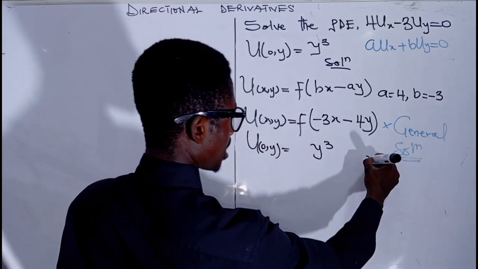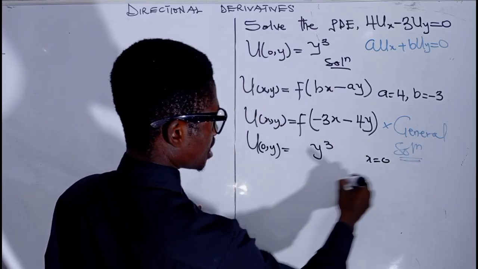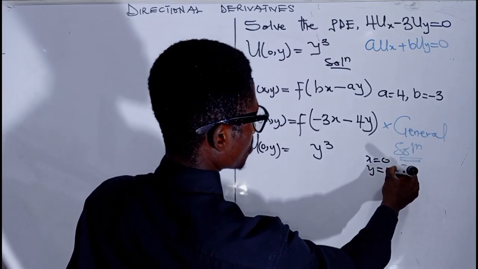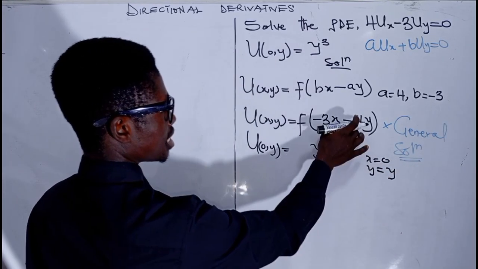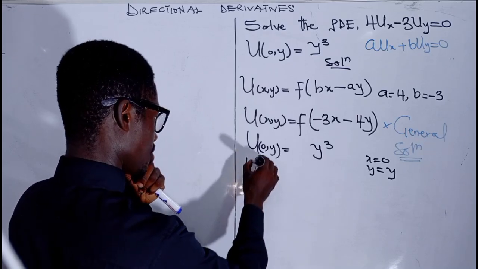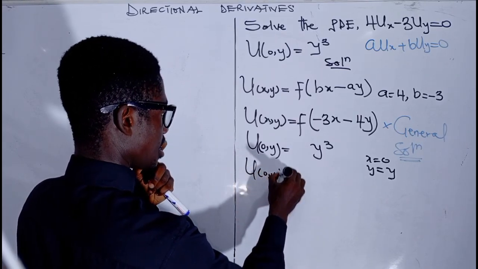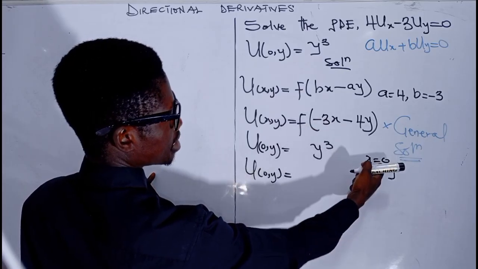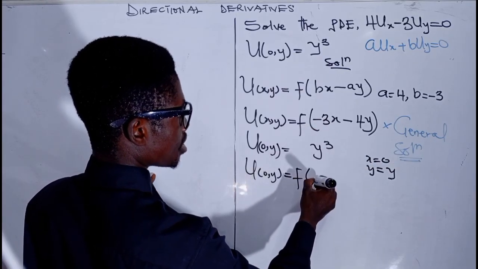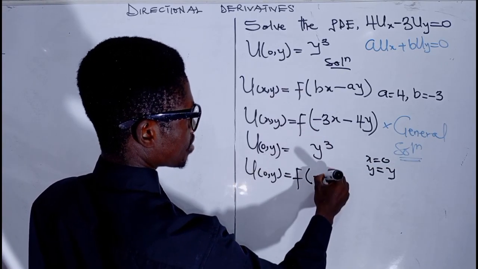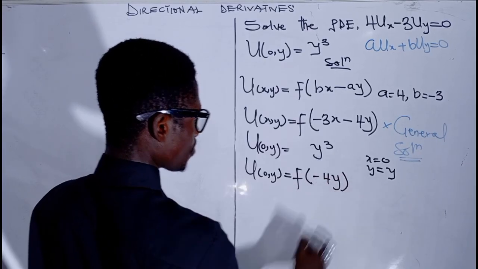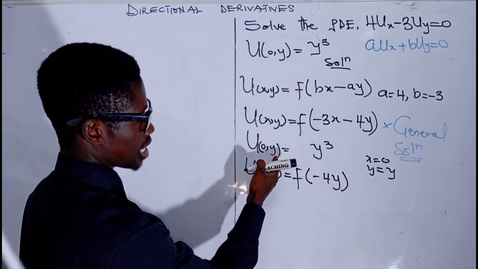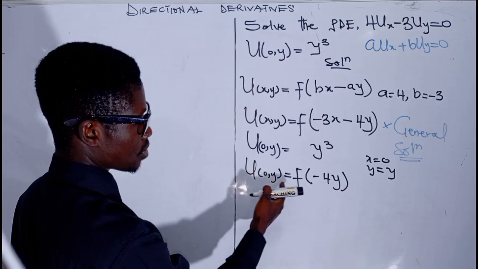So our x is equal to 0 and our y is also equal to y. So we are going to put this in the general solution. So we have u of 0,y is equal to negative 3 times 0, which gives us 0, and then we have minus 4y.